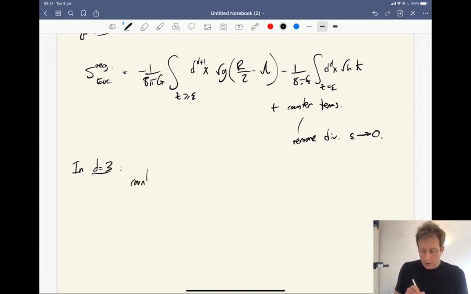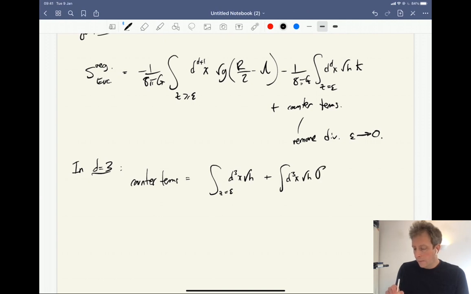So in odd dimensions, they are most nicely written as integrals of curvature invariants, local curvature invariants, on this boundary.